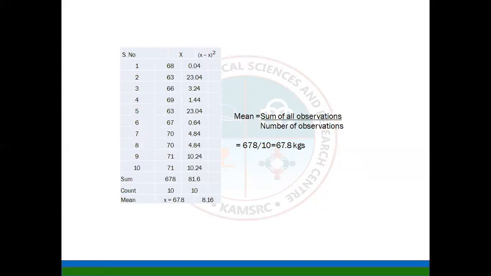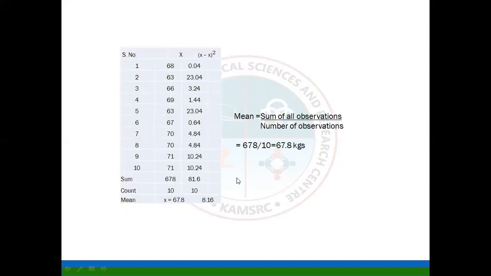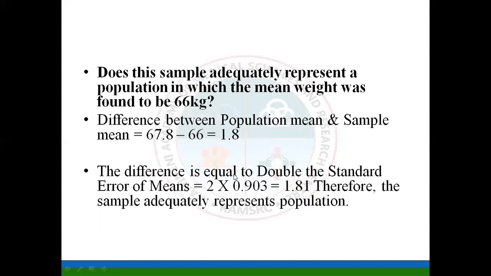But here we are not going through all the steps. Here they already calculated the standard error of mean, which is 0.903. But in your record books, according to the formula, you calculate the standard deviation and then calculate the standard error of mean by using the formula standard deviation divided by square root of n. When we calculate that, the standard error of mean comes to 0.903.